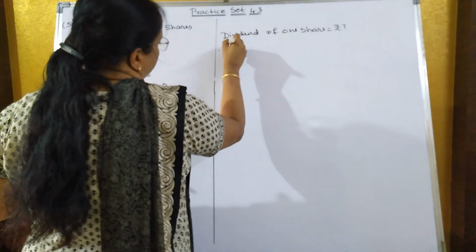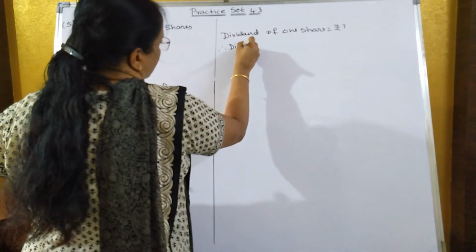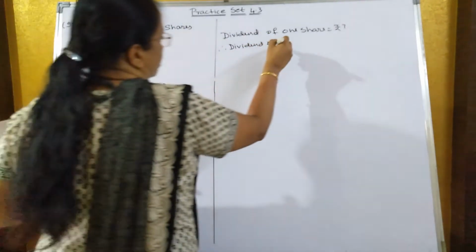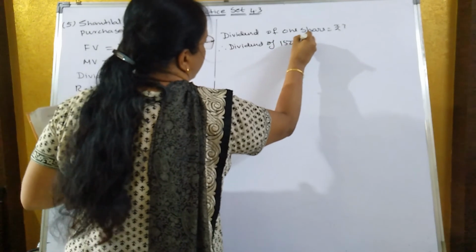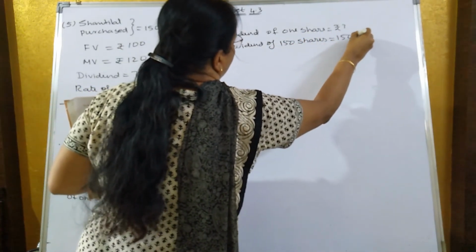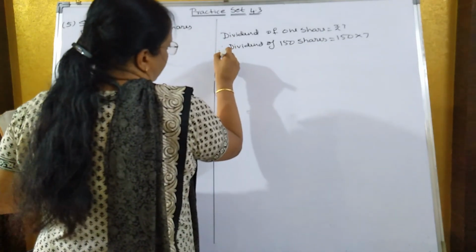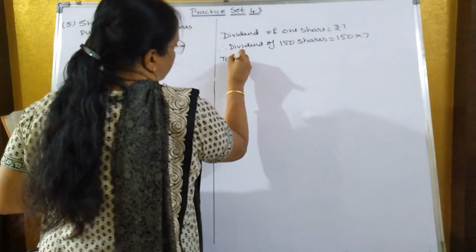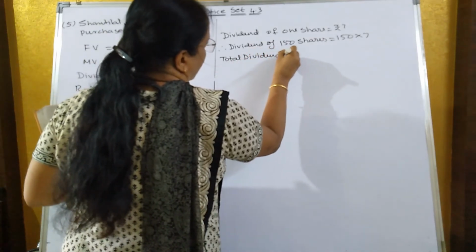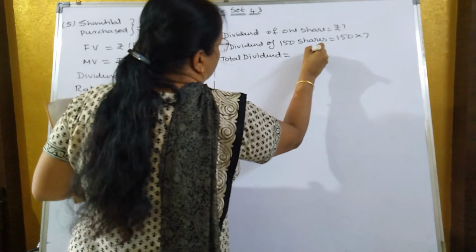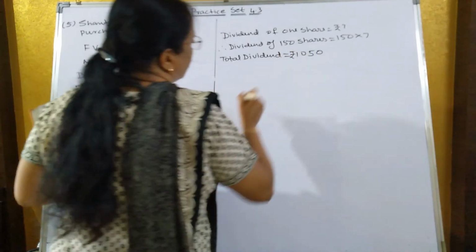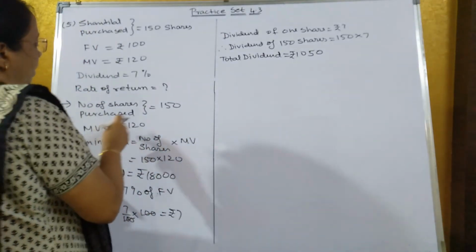Therefore dividend of 150 shares is equal to 150 into 7. So total dividend is equal to 1050.